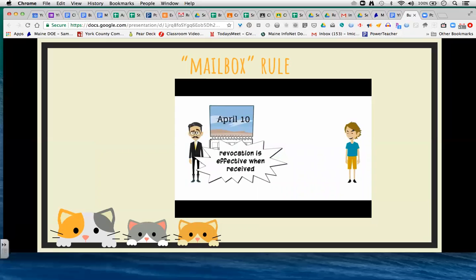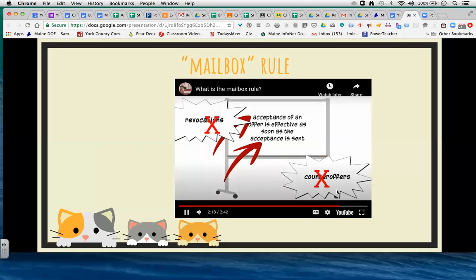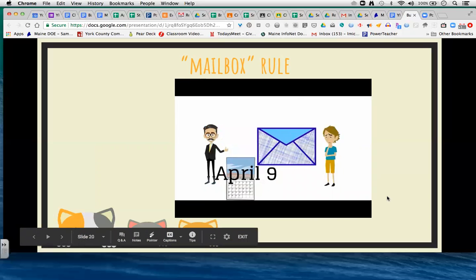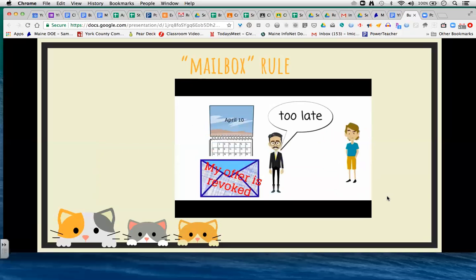Ali's attempt to revoke the offer was only effective as of April 10th when it was received. The mailbox rule only applies to acceptances, not revocations, counteroffers, or anything else. According to the mailbox rule, the offer was accepted on April 9th. Ali's attempt to revoke the offer came too late.